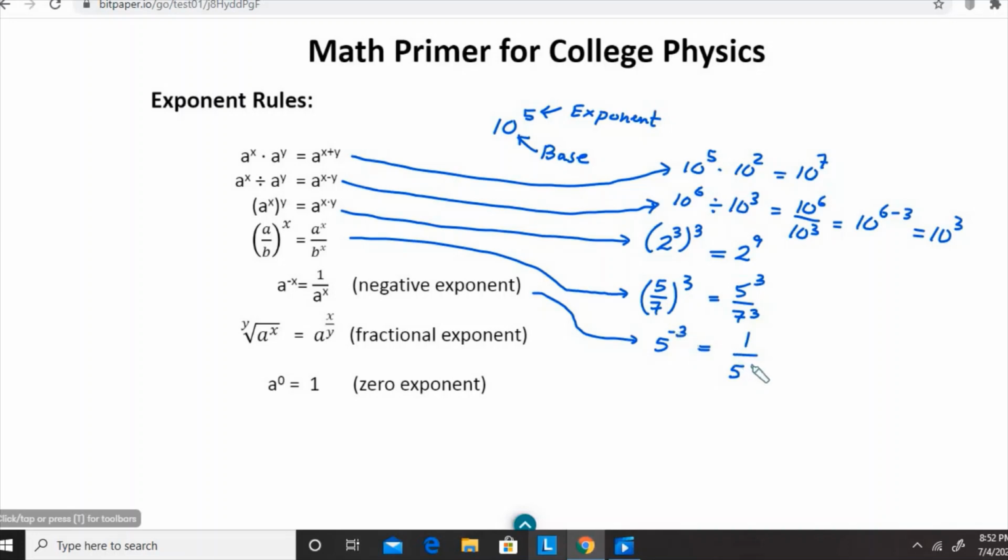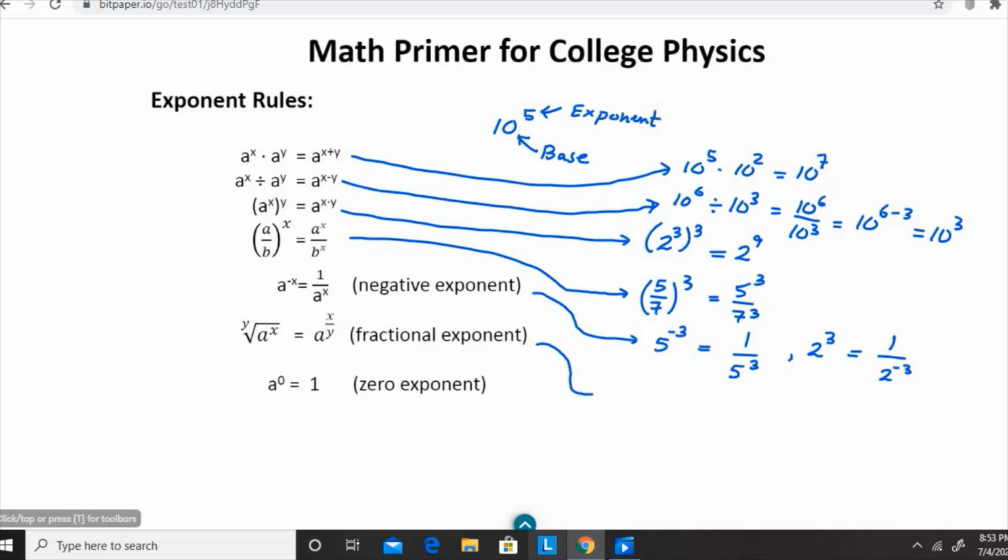So if it's negative 3, then it becomes positive 3. Similarly, if you have this 2 raised to the power 3, then its negative exponent is given like this. 1 over, if you go 1 over, then the sign of the exponent changes.